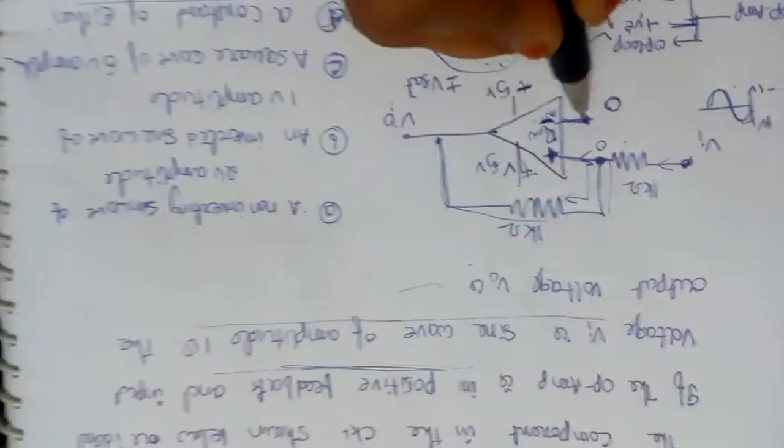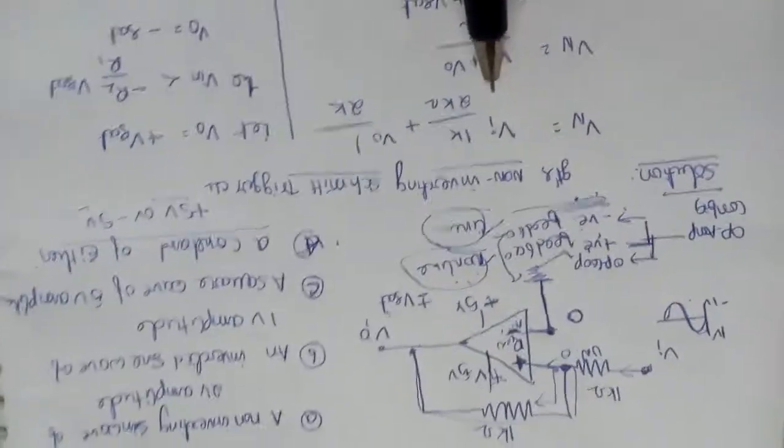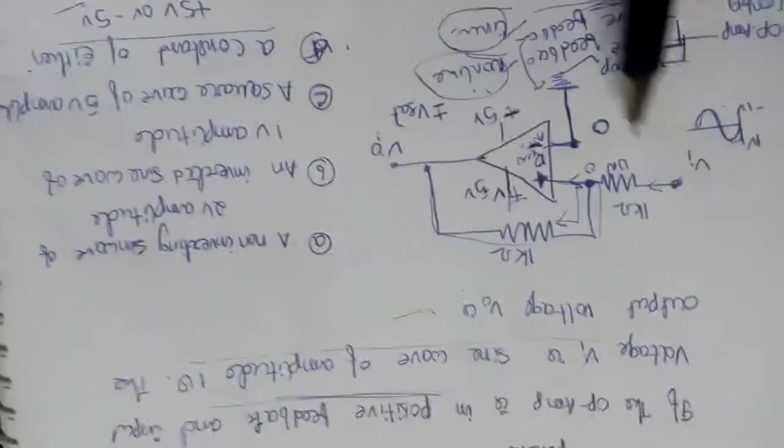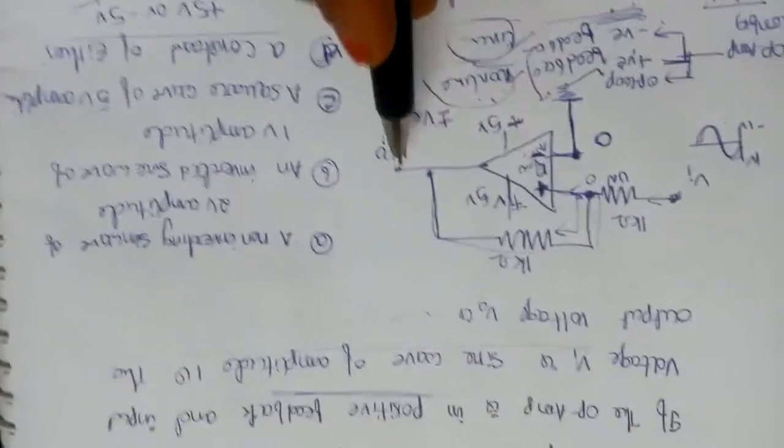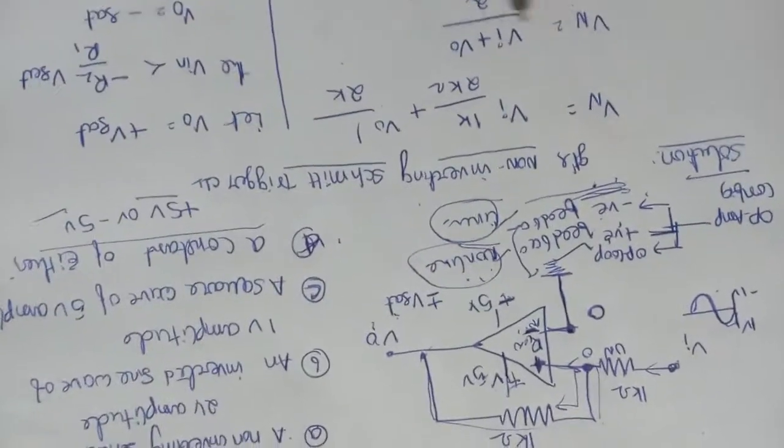In another way, you can solve the problem as follows. What is Vn at this node? Apply KCL nodal analysis: Vi into 1K by the total resistance 2K, plus V0 by 1K by 2K. So Vn is nothing but Vi plus V0 by 2.